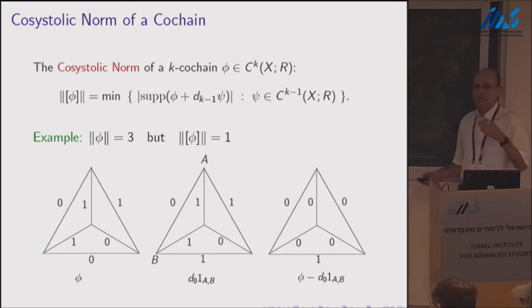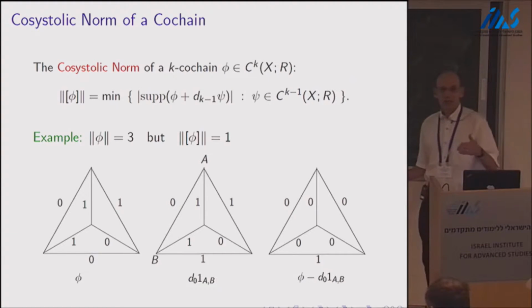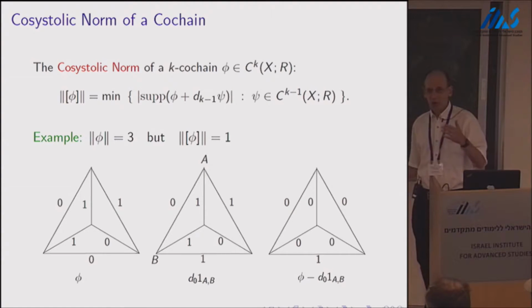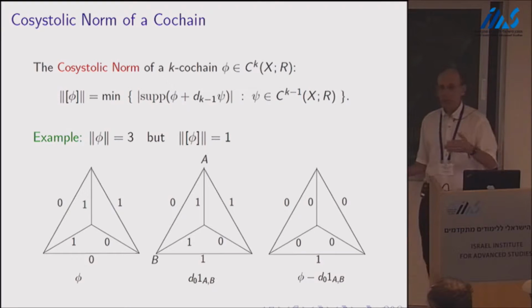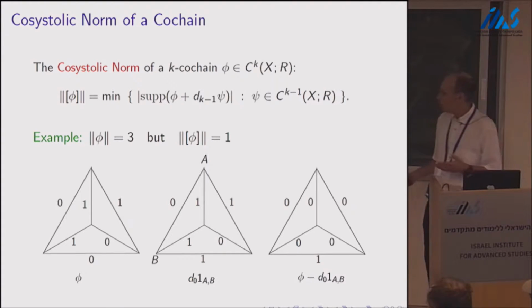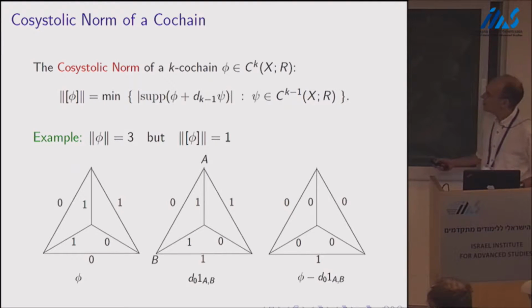Okay? This is the exact analog of taking, in the definition of the graphical Cheeger constant, the minimum between S and S complement, or taking the smaller between S and S complement. So here we take, rather than the norm of phi, the cosystolic norm of phi.